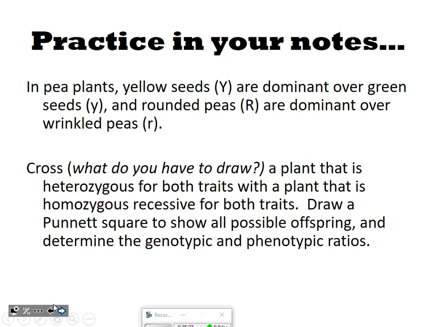So a heterozygous for both traits would be capital Y, lowercase y, capital R, lowercase r. What would be a homozygous recessive for both traits? What would that be? Little y, little y, little r, little r.